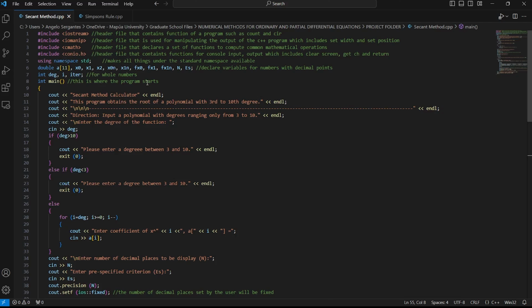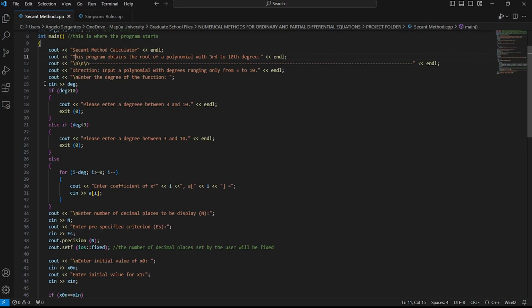This is where the program starts, the int main. For cout, this is what you will first see on the screen when you run the program.